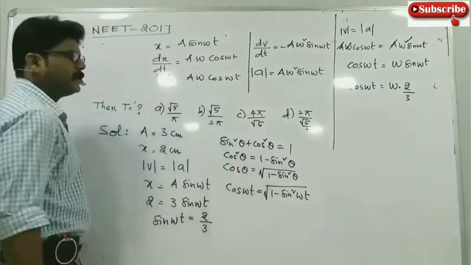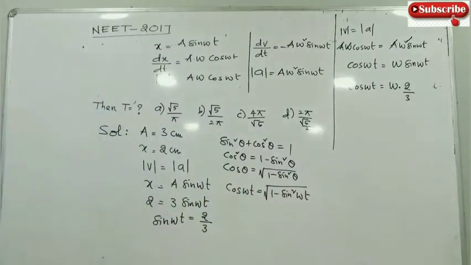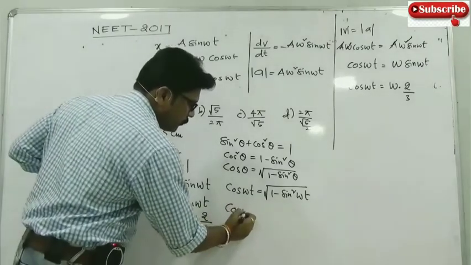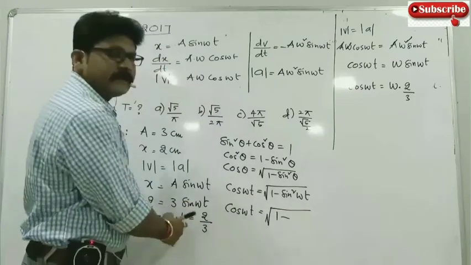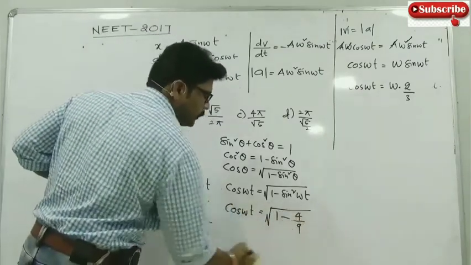So cos omega t, the same format of writing. We know the sin value, so substitute here. Cos omega t equals under root of 1 minus sin square, that is 4 by 9. 4 divided by 9.